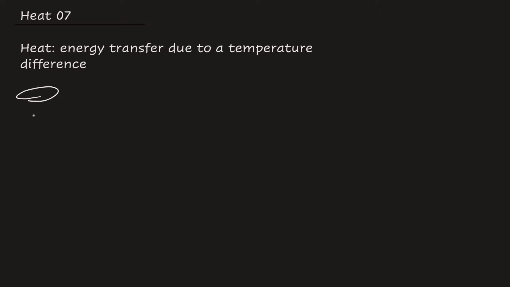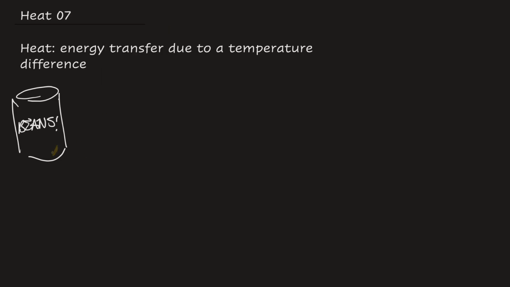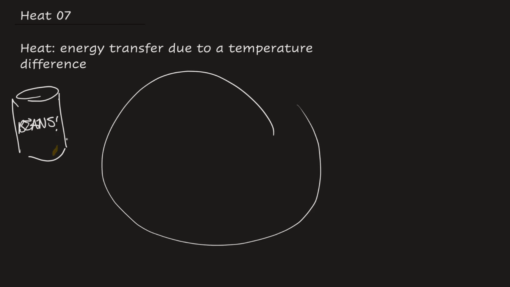So this is a can of beans, and we'll take a zoomed in image of one of these beans. So zoomed in, we have that same bean on a super large scale, and we'll say that the bean along with the can was just in a regular room, so it's just at room temperature.